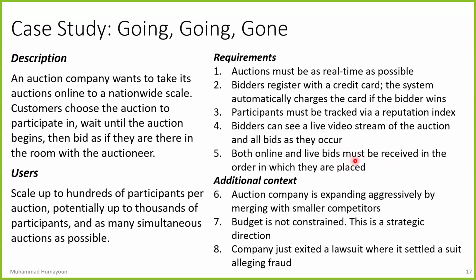Really important: if I bid first, I should be the first one there, and if you bid second, you should be the second one. Additional context: the auction company is expanding aggressively by merging with smaller competitors. Budget is not constrained, it is a strategic direction. They have a lot of money to spend. The company just exited a lawsuit, so it is really important you do these things right. Otherwise, there can be lawsuits against us.